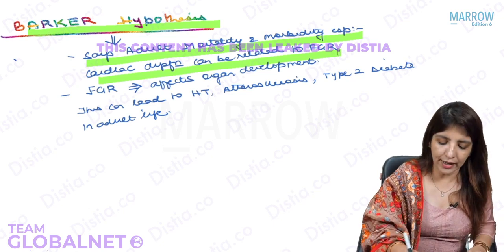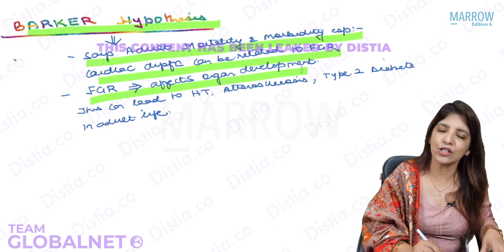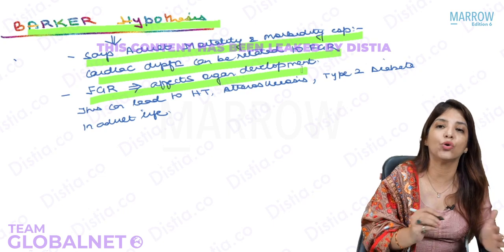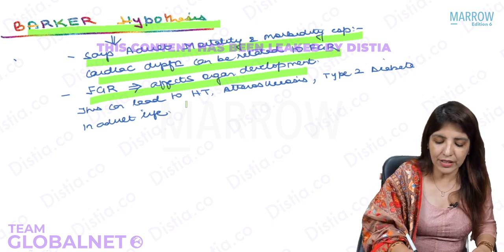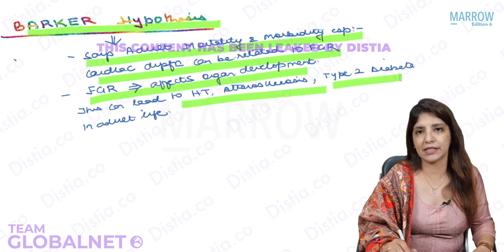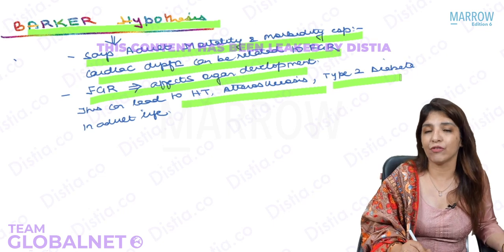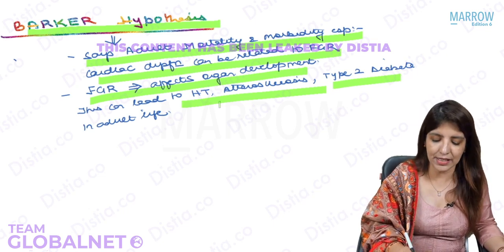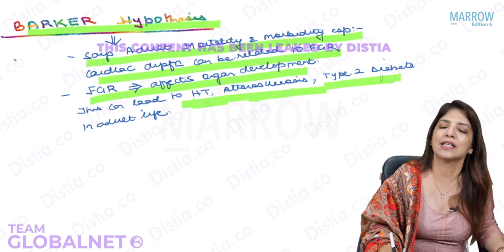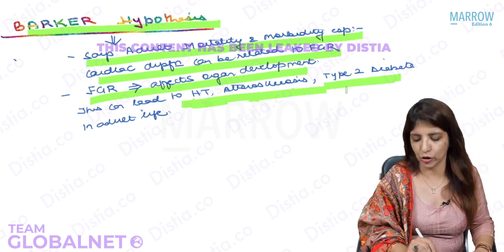Now, IUGR affects the development of the organs, and that is why when such fetuses are born and they grow into adults, they have increased chances of hypertension, atherosclerosis, type 2 diabetes. Right? So, there are things which they may manifest in their adult life, and that is hypertension, atherosclerosis, and type 2 diabetes. And this is what is called Barker's hypothesis.